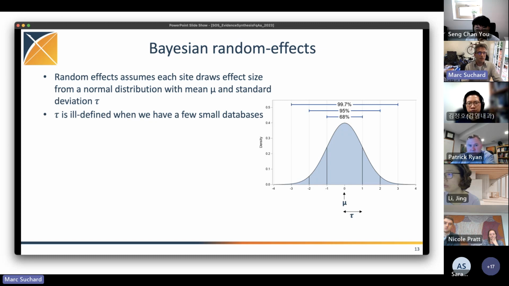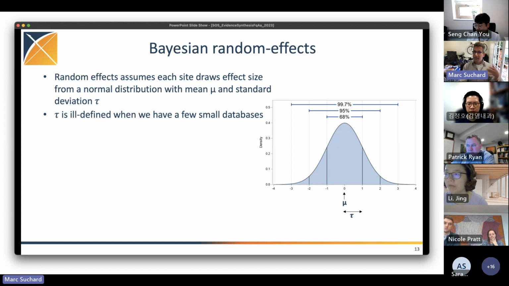We'll have to make some assumptions about what the standard deviation looks like depending on the number of databases that we have. Often this variance is hard to estimate when the number of data sources is small. And by small, I really mean on the order of like 10. That is a small number for estimating the variance of a normal very well.